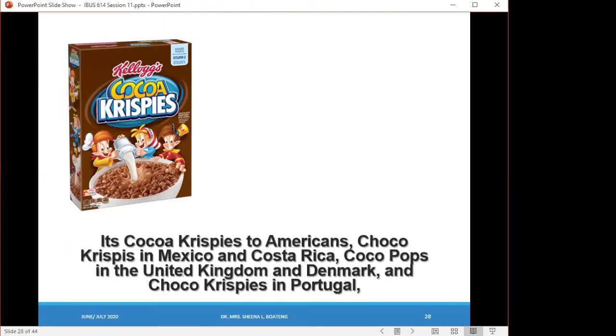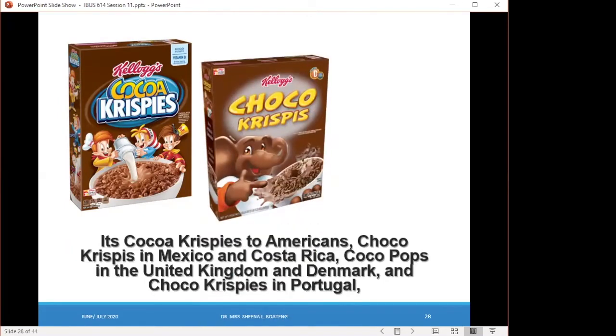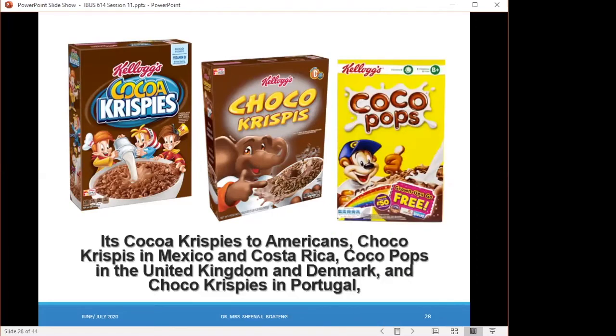When you go to Mexico and Costa Rica, they call it Choco Krispies, and you will never guess the animal they have on the box. An elephant. Right? And this is for the Latino market, Mexico and Costa Rica. But when you come to the UK and Denmark and the US, this is what we have, Cocoa Pops, the famous one that we all know.